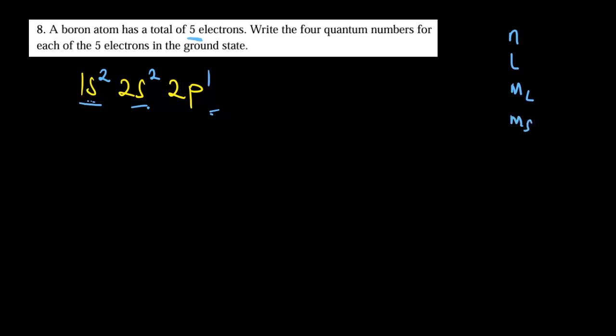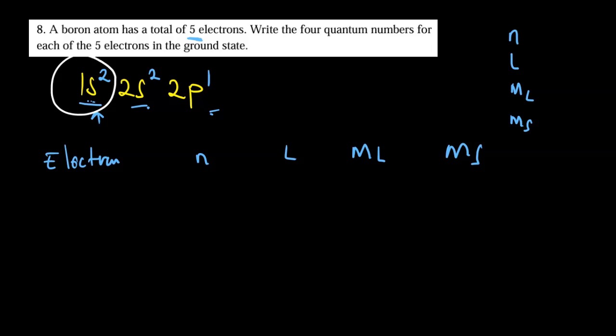So what I'm going to do is write a table. I'll write electron, and then n, l, ml, and ms. In the first orbital here there are 2 electrons.